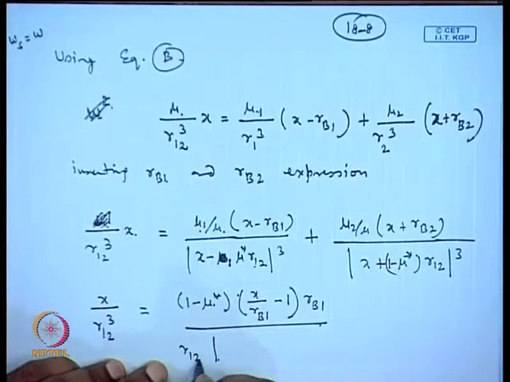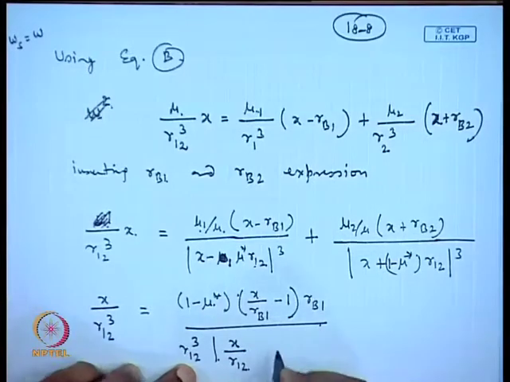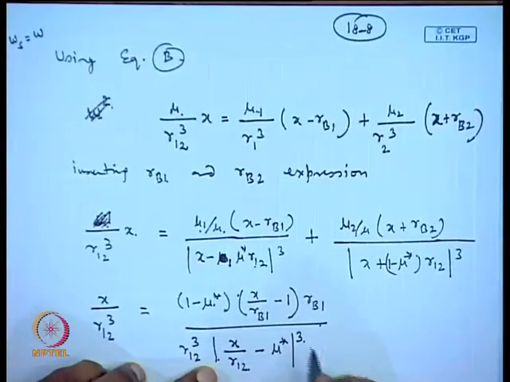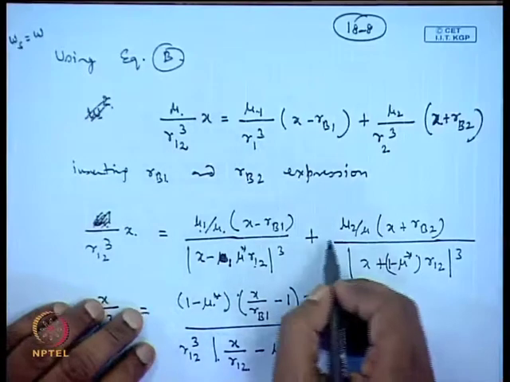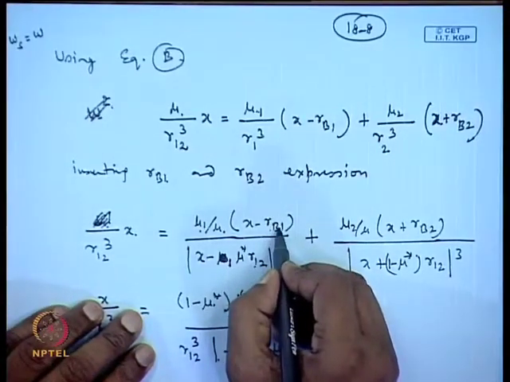So, this becomes r 1 2 whole cube times x divided by r 1 2 minus mu star whole cube. Okay, here one more simplification in this place itself we can do. This r b 1 we have already written as mu star r 1 2.